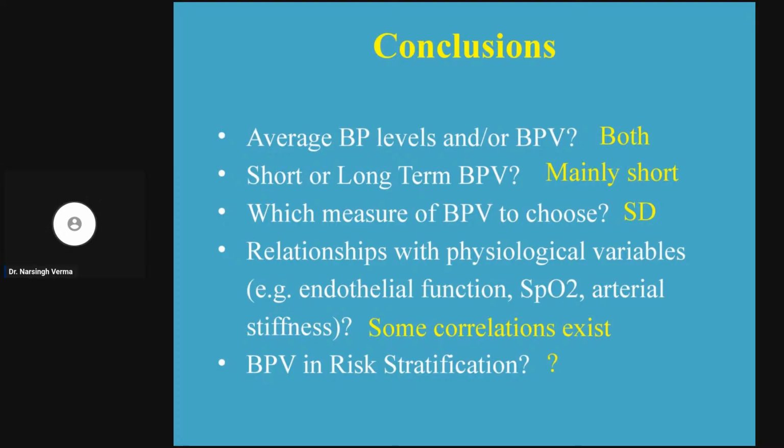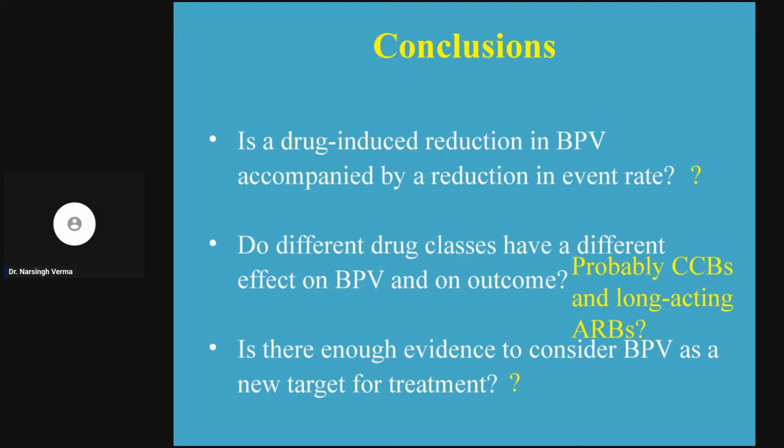Standard deviation is the best one, and the relationship with physiological variables like endothelial function and arterial stiffness is important, and some correlations exist between them. And we do not know whether blood pressure variability alone can stratify risk. We need more knowledge on this, more research on this.